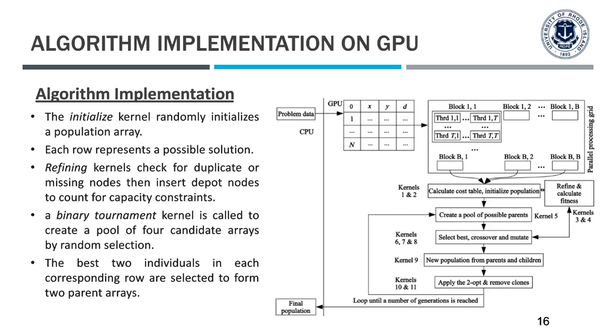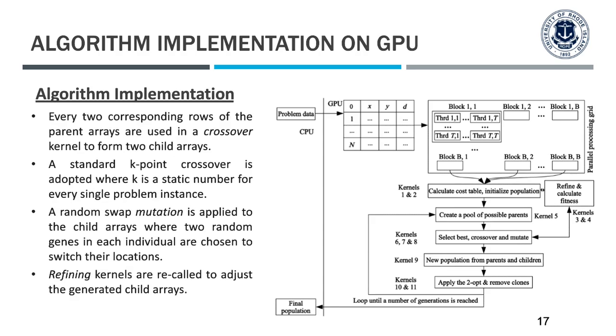A binary kernel is called to create a pool of 4 candidate arrays by random selection, and they have the same size as the population array. The best 2 individuals in each corresponding row are selected to form 2 parent arrays with the same size. Every 2 corresponding rows of the parent arrays are used in a crossover kernel to form 2 child arrays.